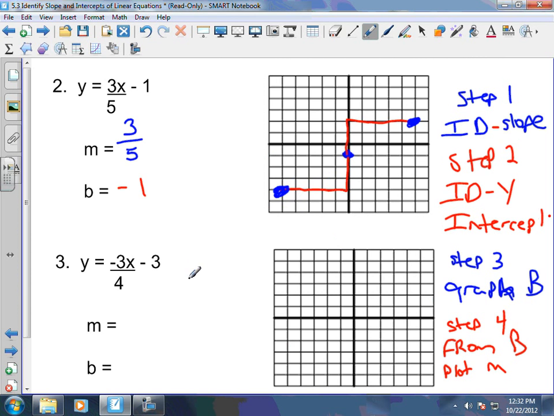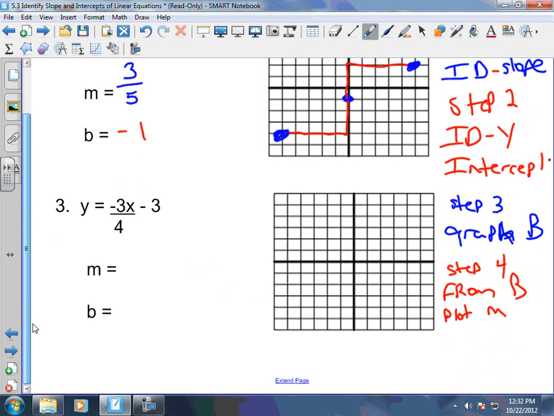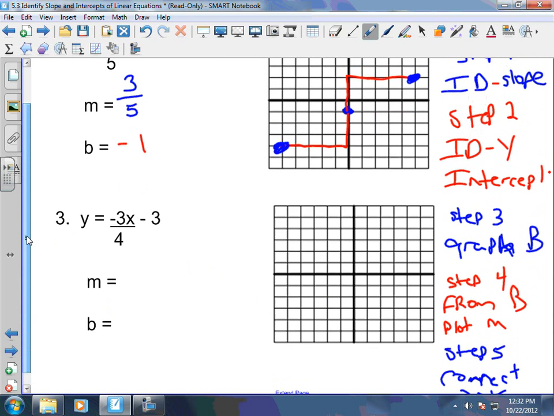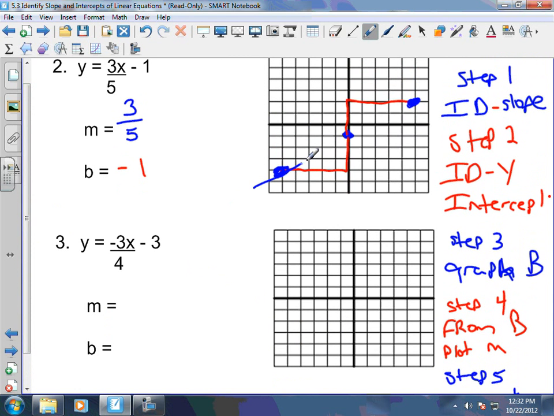So the final step, connect the dots. Connect your dots. That's step 5. There we go.